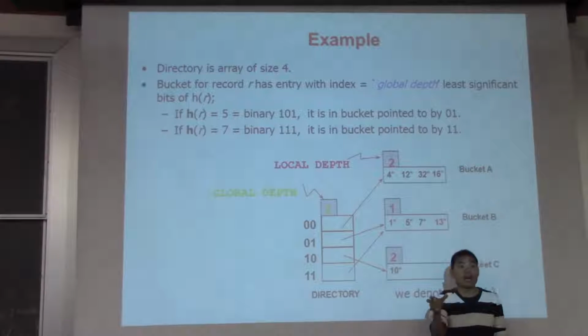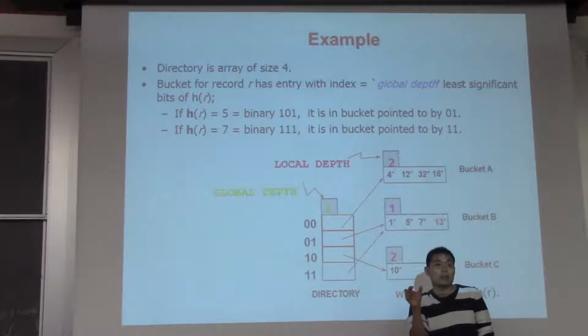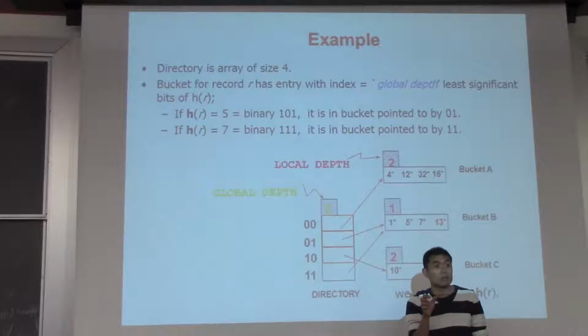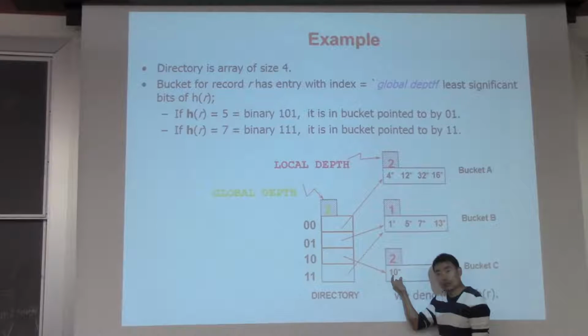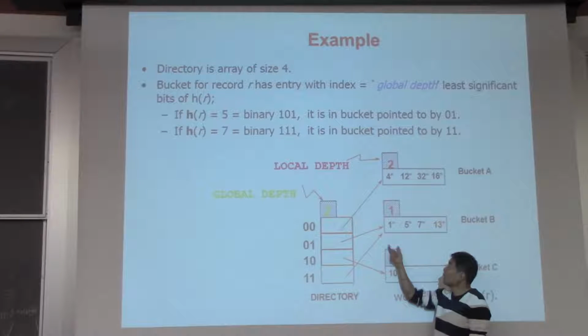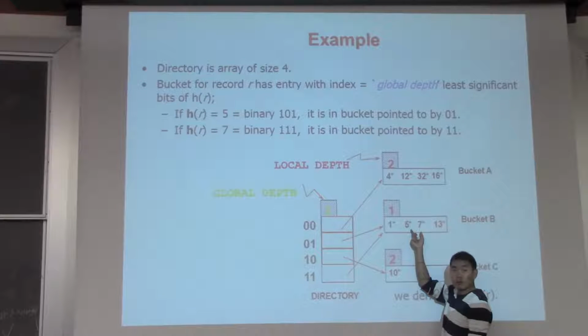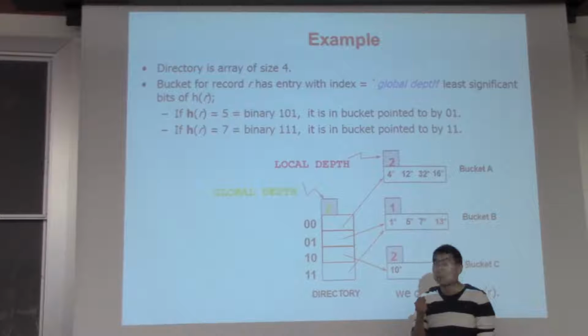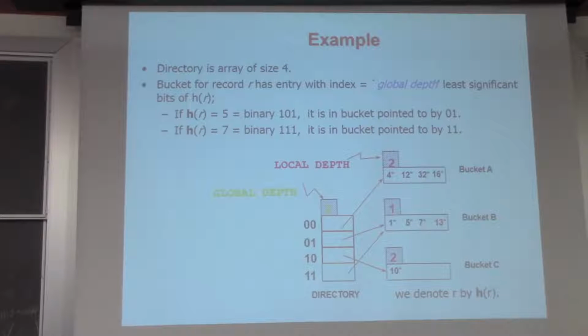In particular, you always look at the least significant bits. Okay? You are looking at the two least significant bits here and the least significant bit here, because the depth is 1, to distinguish these entries.